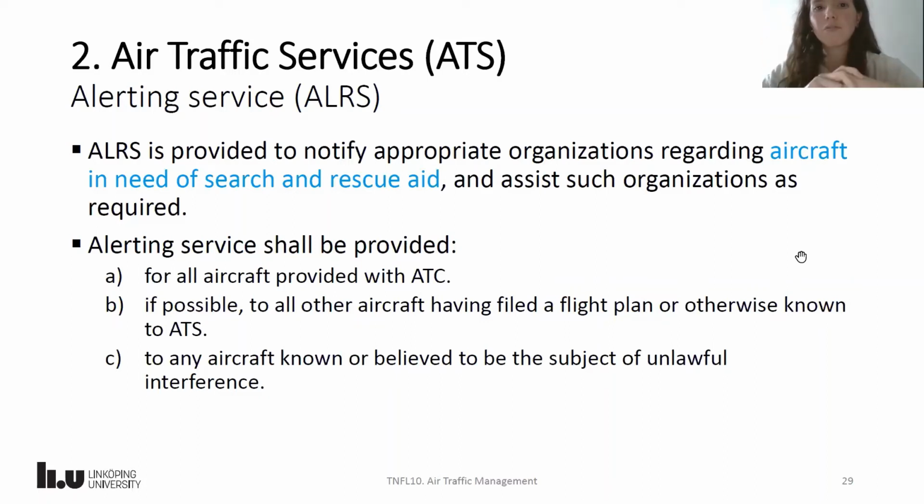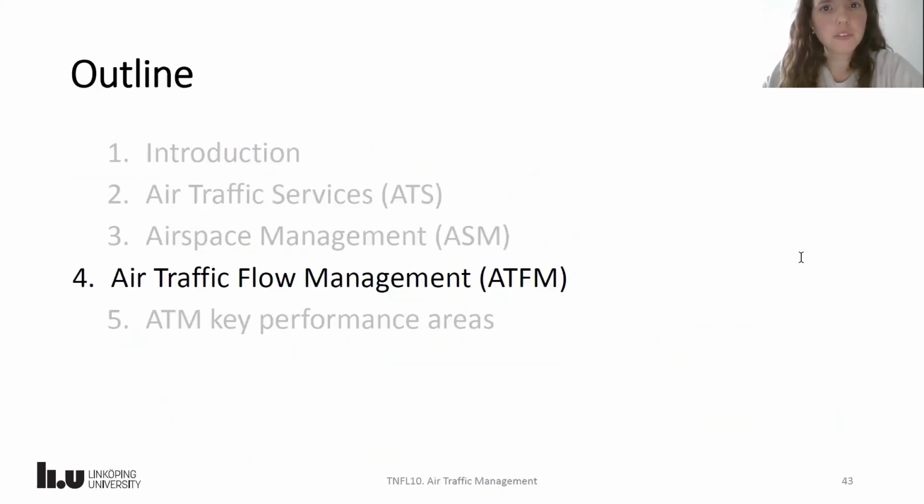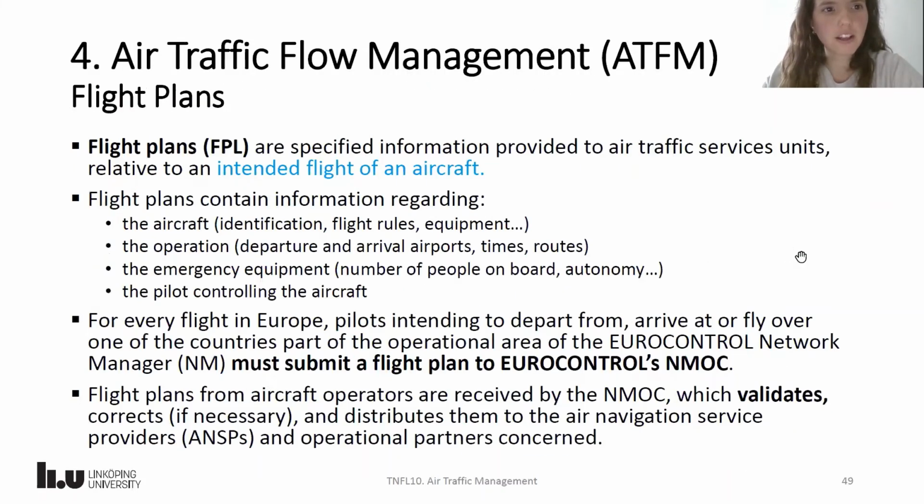They must give certain information, so we have a section on that. So let's jump to that, over here. A flight plan is a document that a flight fills, and it has the intended flight of the aircraft.